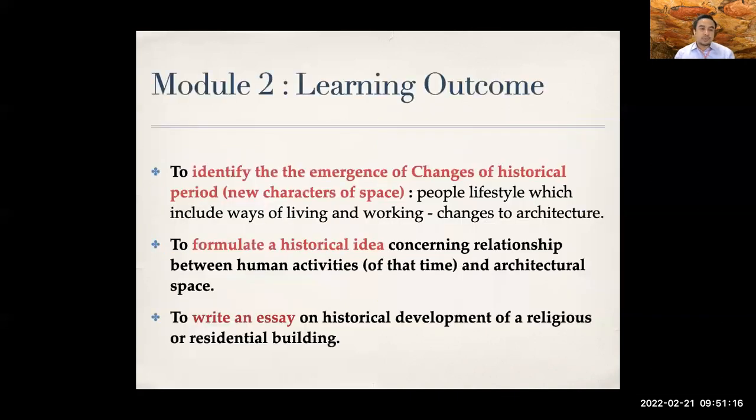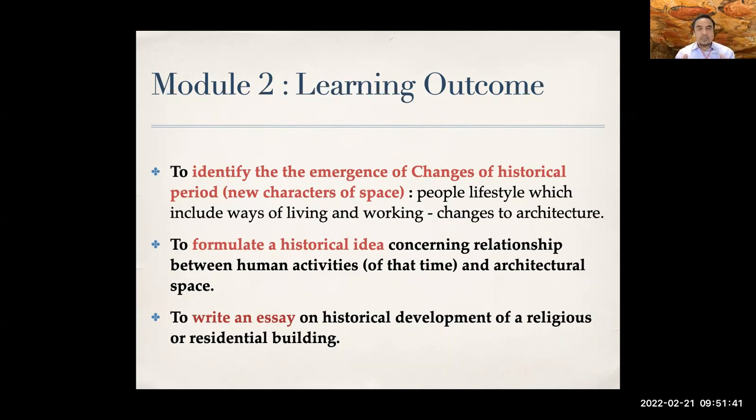So in this module, I want you to identify the changing of houses and temple. Let me put it in a simple way. Last module, we identified your favorite building, right? And you wrote about it, how it developed, how similar building in the same theme developed in the history.